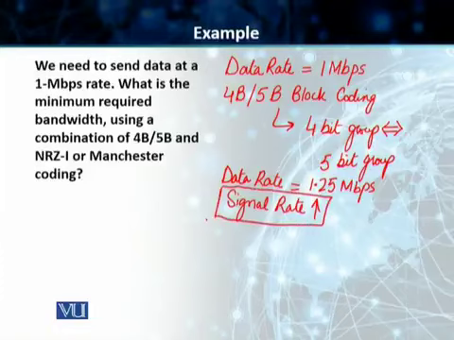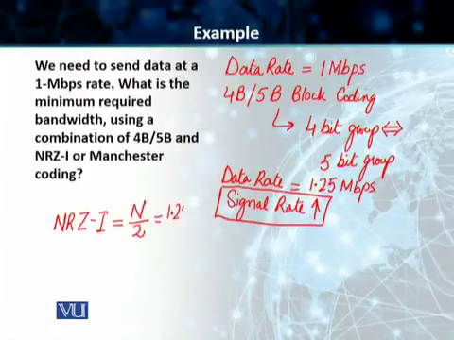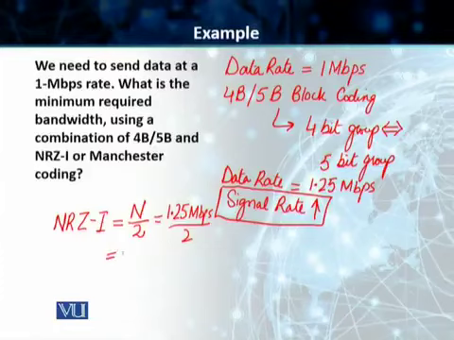So our signal rate is increased. अब students, इस particular case में आप ये भी देखें कि the minimum bandwidth that is required for NRZ-I, हम लोगों ने line coding schemes की discussion करते हुए study किया था that the minimum bandwidth required is half the data rate, and that is 1.25 megabits per second divided by 2, and this comes out to be 625 kilohertz.